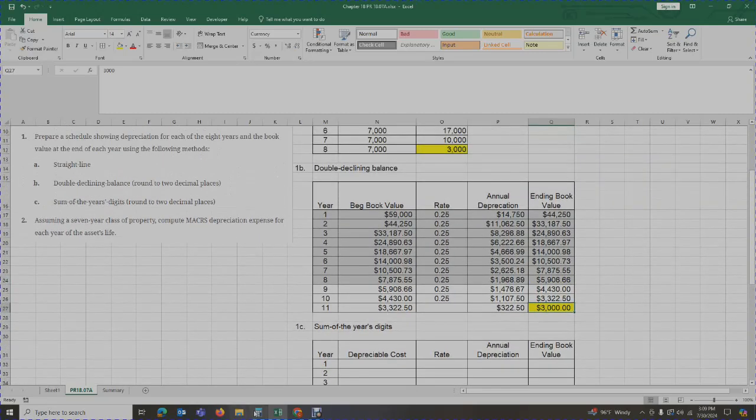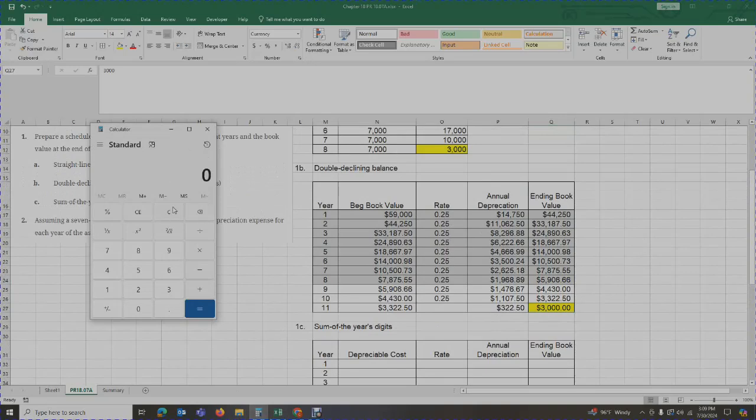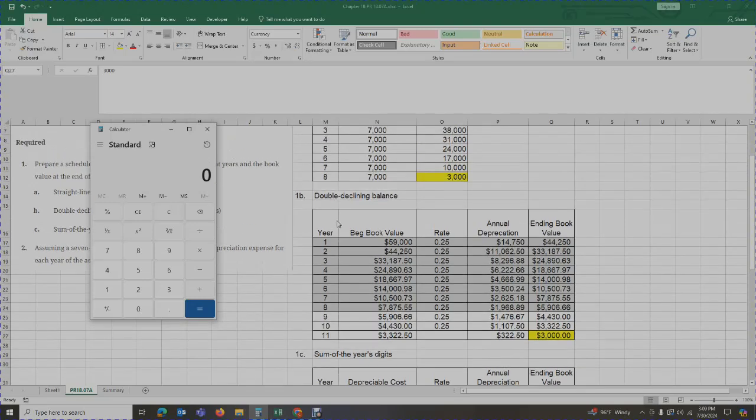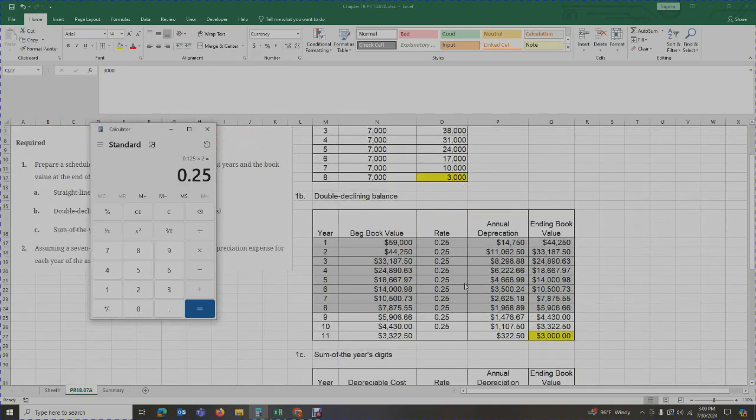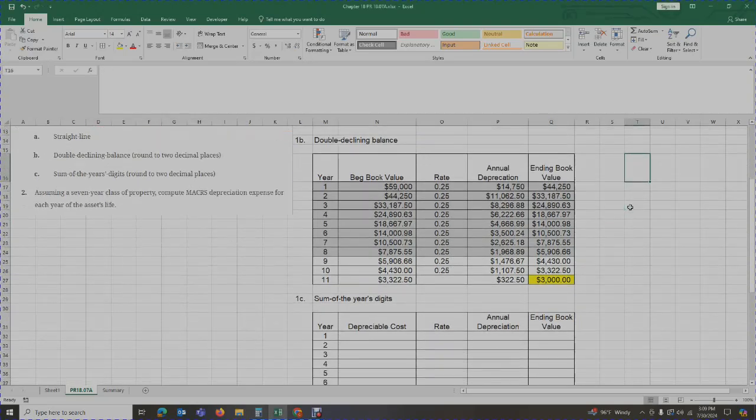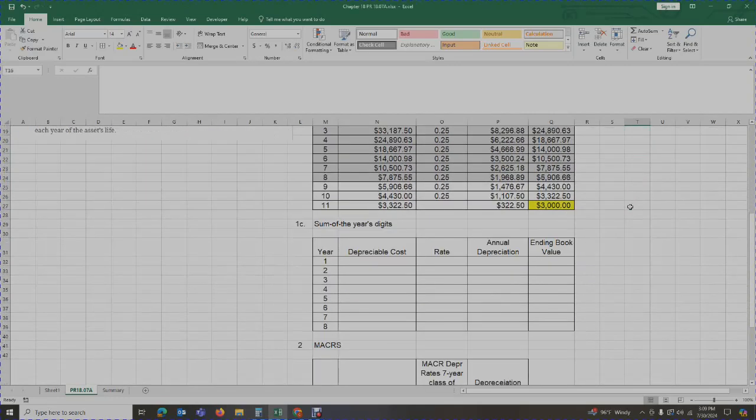And the rate, how do we calculate the rate once again? We calculate it like if we were doing the straight line method, 1 over 8 years, which gives me a rate of 0.125. I double that, and that gives me my rate of 0.25. Okay? So that is the double declining balance method.